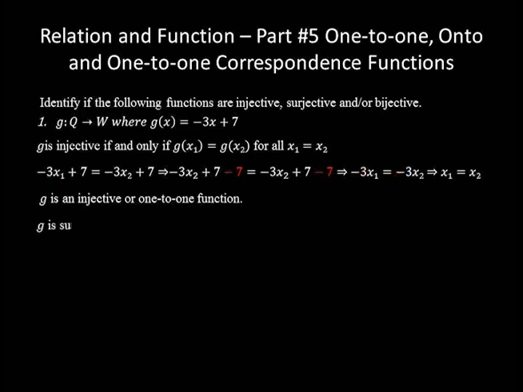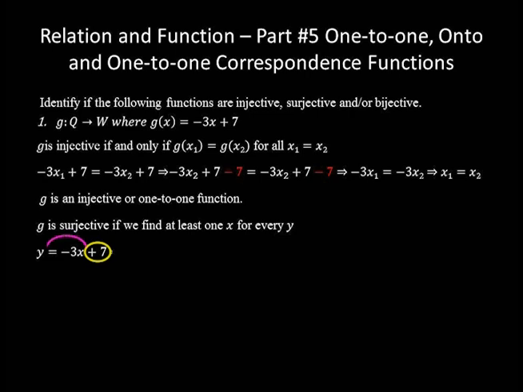Function g is surjective if we can find at least one x for every y. To prove that, let's substitute g of x by y and write x in terms of y, meaning y equals -3x plus 7. If we take plus 7 to the left of the equality sign, it becomes -7.